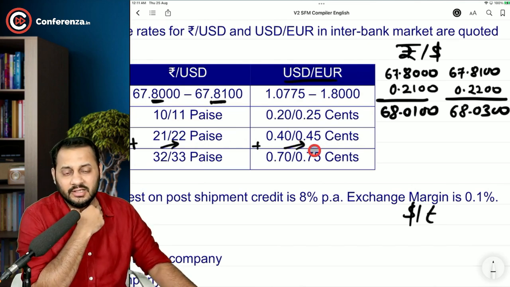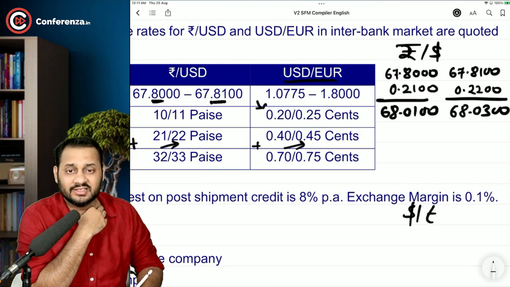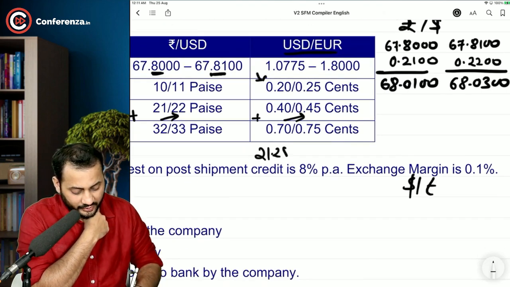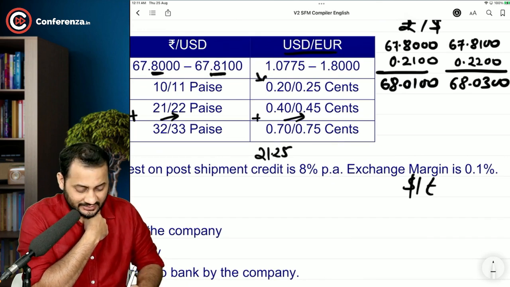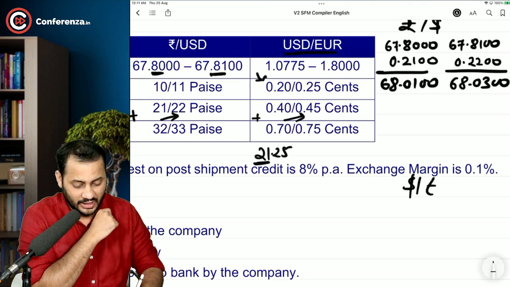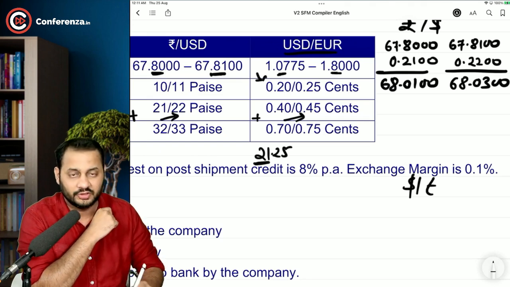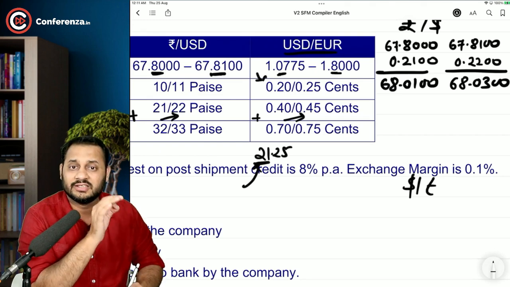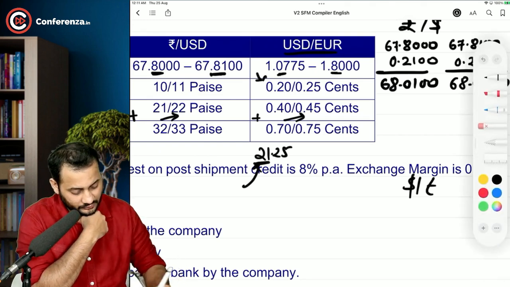What does that mean? This 0 is the cent. So if they had given 21.25 cents, that means these two should be the cents that would be applied on the first two digits. But 21 is not given, it is 0. See, I will show you.